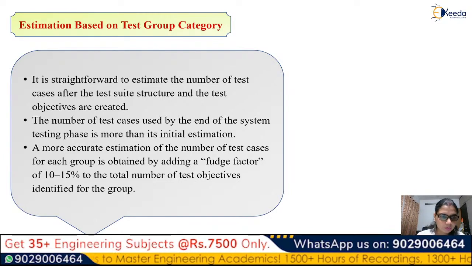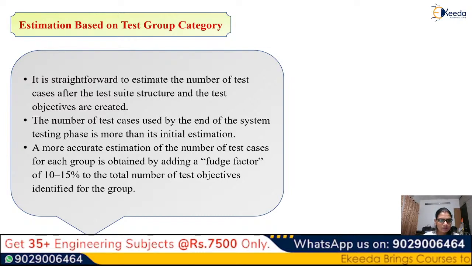Now we'll see the number of test cases used by the end of the system test phase, which is more than the initial estimation. A more accurate estimation of the number of test cases for each group is obtained by adding a fudge factor of 10 to 15% of the total groups of test objectives identified for the group.